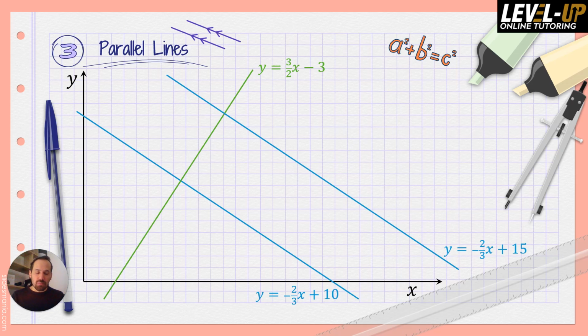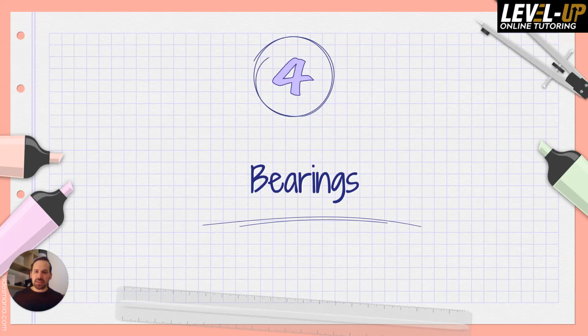A property of parallel lines is a lot more straightforward, in that the gradients are going to be exactly the same. So you see here, we have a gradient of -2/3 for both of those lines. Which makes sense, isn't it? Because if they're both going in the exact same direction, the rate of change, the slope, is going to be exactly the same, which corresponds to the gradient. So that's a few things to be aware of about parallel lines.